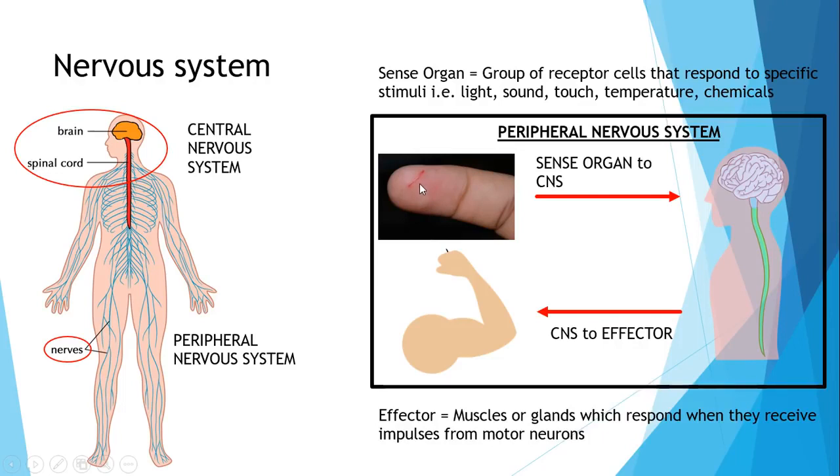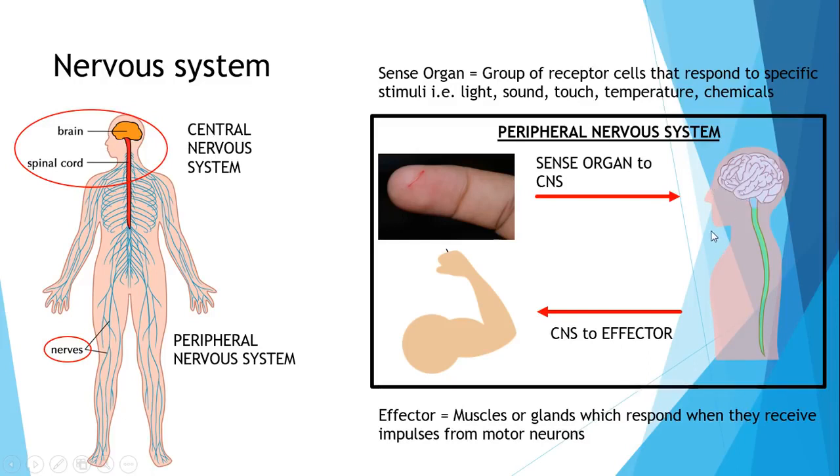A sense organ is basically a group of receptor cells that respond to specific stimuli. In this case it's touch, but it can also be things like light, sound, temperature, and chemicals. And you've got some neurons that send the impulses from the sense organ all the way to the brain, and therefore we feel pain.